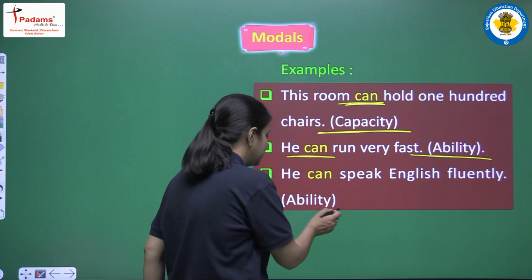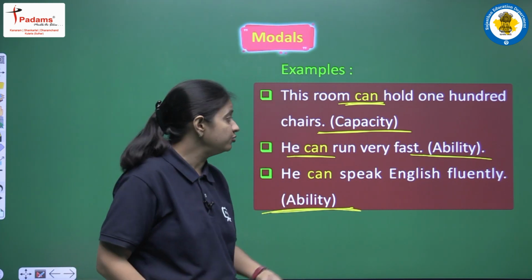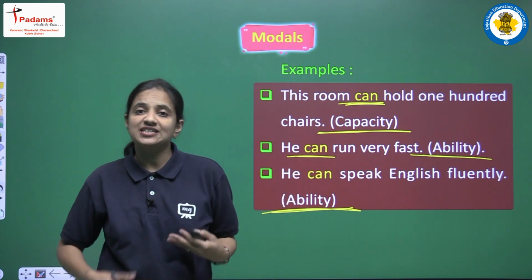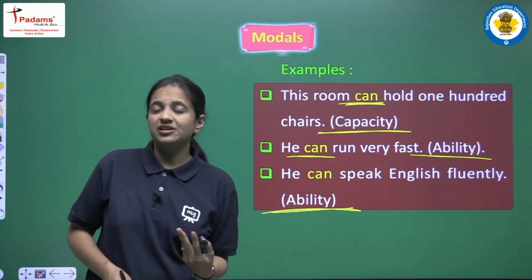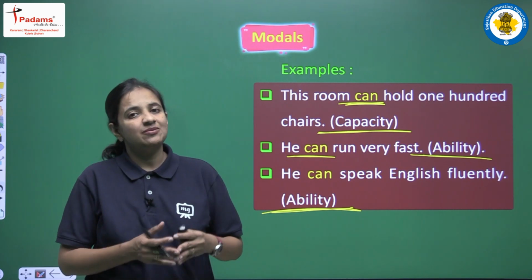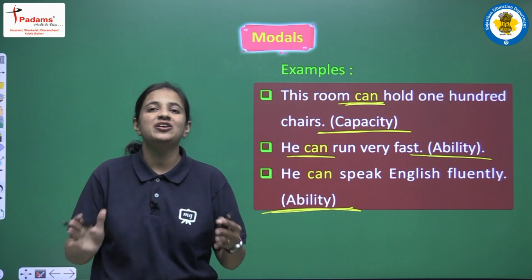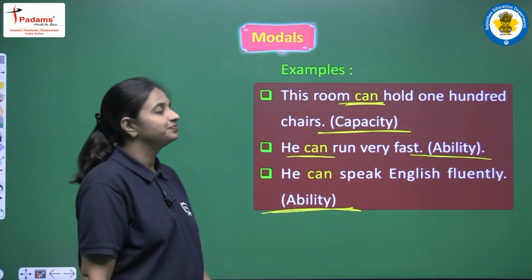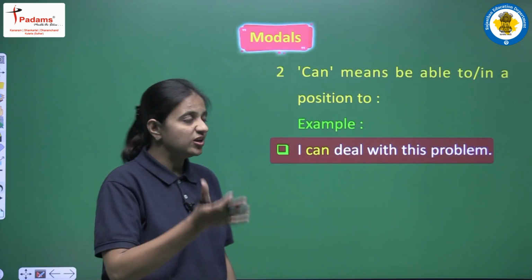Again, this is the ability. So we can say that can is used to show ability, both physical ability and mental ability, right? Ability can be of any kind, all the abilities, capacity, capability, potentials, skill, when we have to express all these things, then we use can, but just remember we use can only in the present time. Clear? Next, moving on, we are having the second use of can. So let's read.